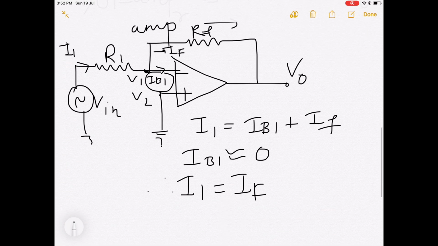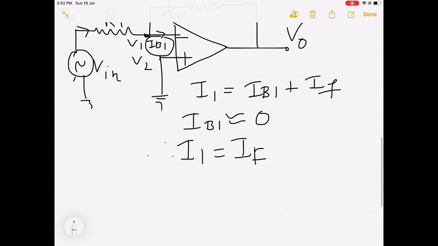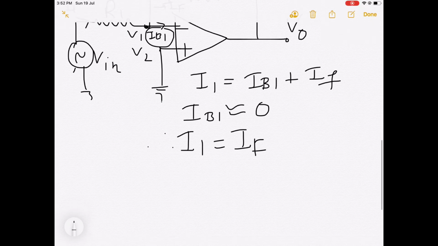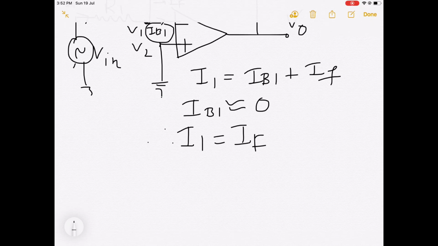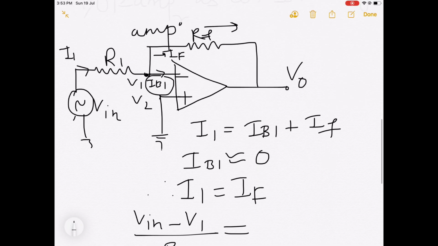So, what is I1? By KCL, we can write I1 is equal to V in minus V1 divided by R1, equal to IF, which is V1 minus VO divided by RF.